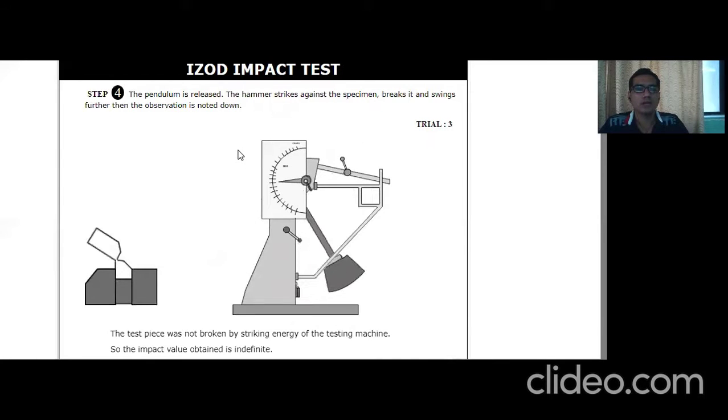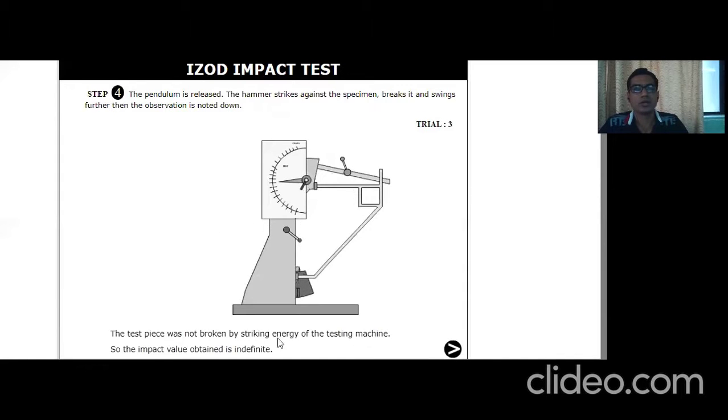So here in the third trial, you can observe the test piece was not broken by the striking energy of the testing machine. It means the impact energy obtained is indefinite.